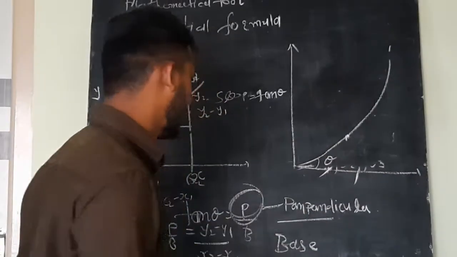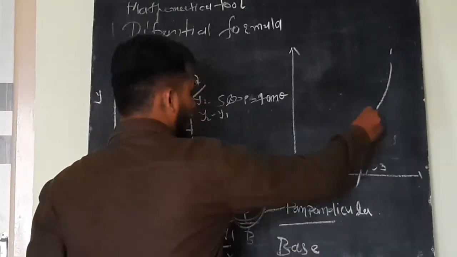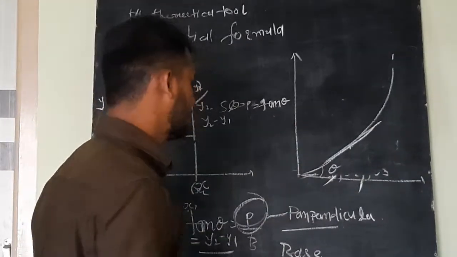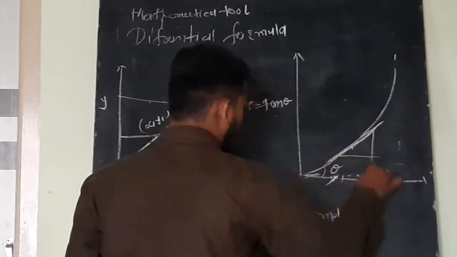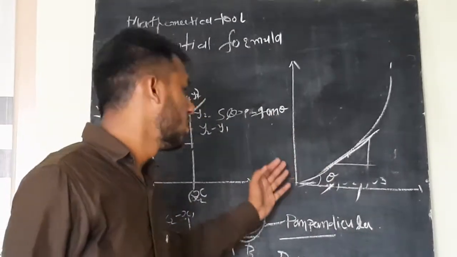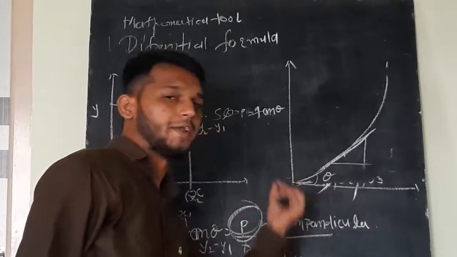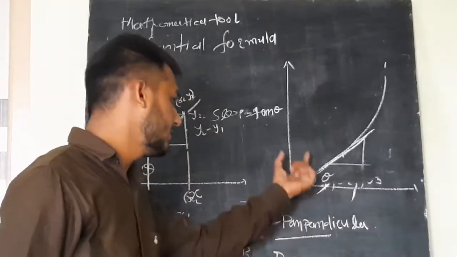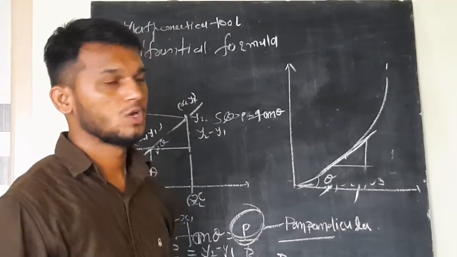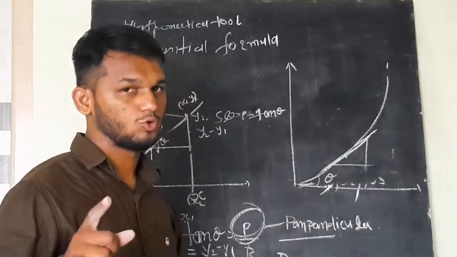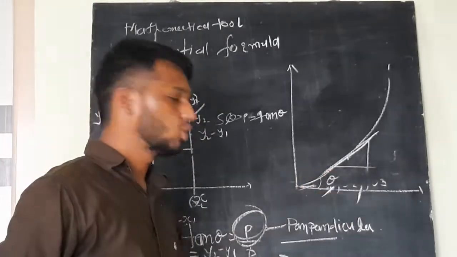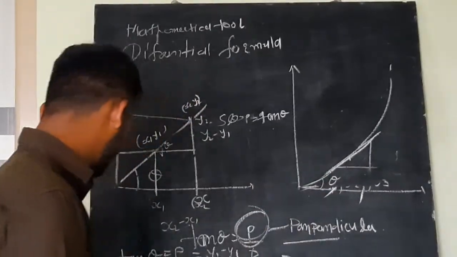At that time, we can draw the tangent here, and this tangent gives us the slope at this point. The slope of the curve at this point gives the value at a particular point. This phenomenon is known as the instantaneous value.